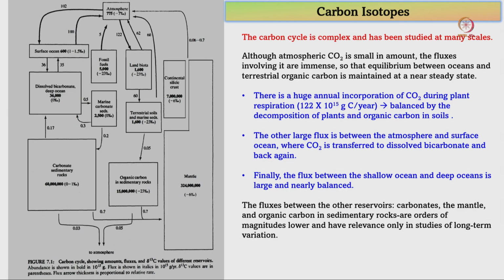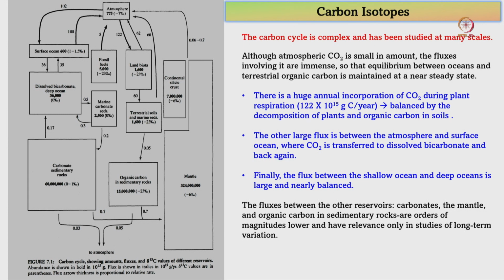So, even though some numbers look very small to you, it is not the reservoir numbers that we are working on. It is not the atmospheric carbon dioxide as a reservoir that we are thinking of. It is huge fluxes that are moving across the reservoirs in a very short time scale is what we are looking at.